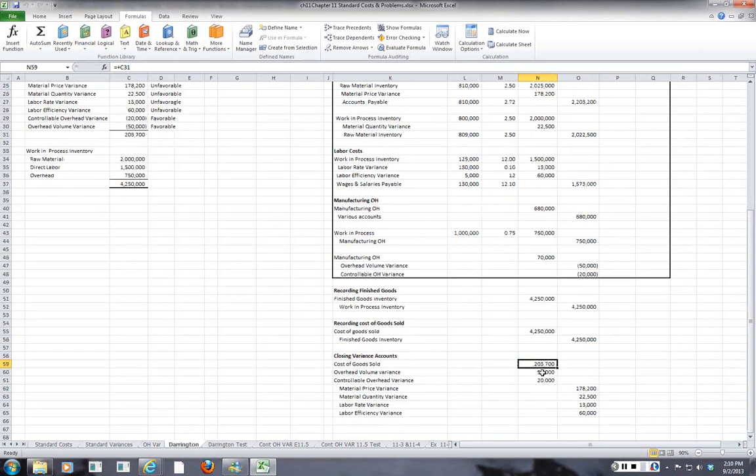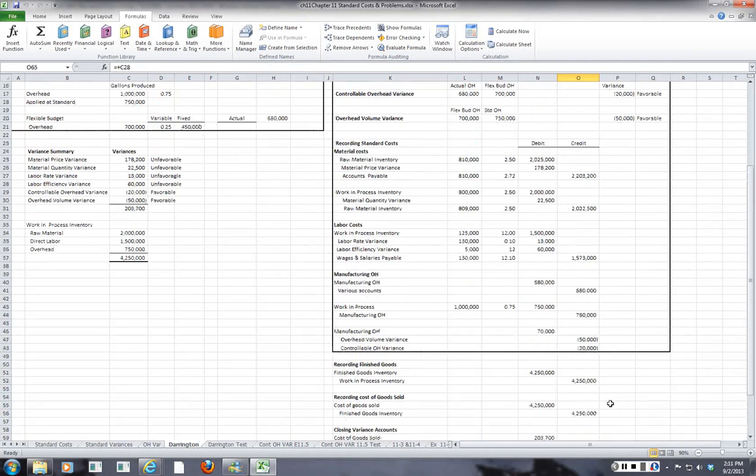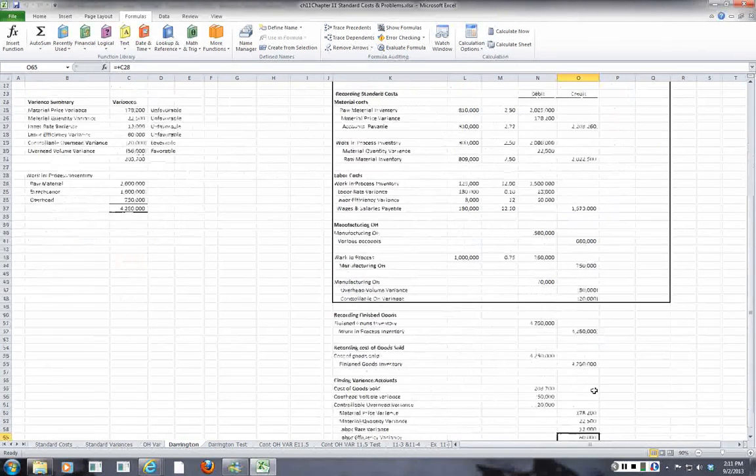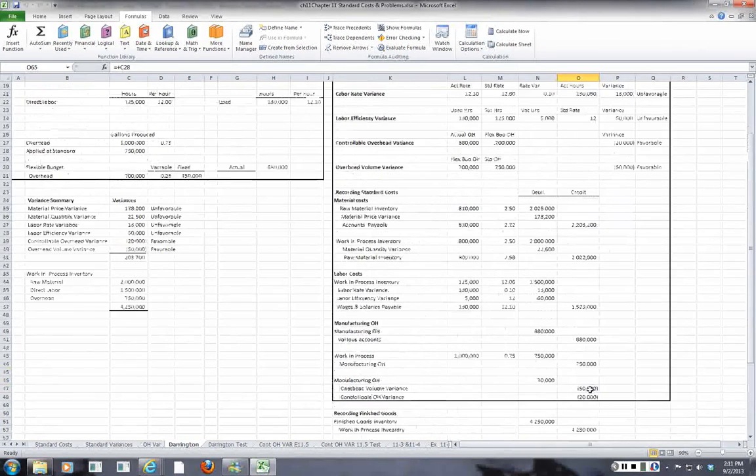We're going to debit the overhead volume variance and the controllable overhead variance of $20,000, and then we are going to credit the material price variance for $173,000, material quantity variance of $22,000, the labor rate variance for $13,000, and the labor efficiency variance for $60,000. And then we wipe out those variances. We book them all into the cost of goods sold.